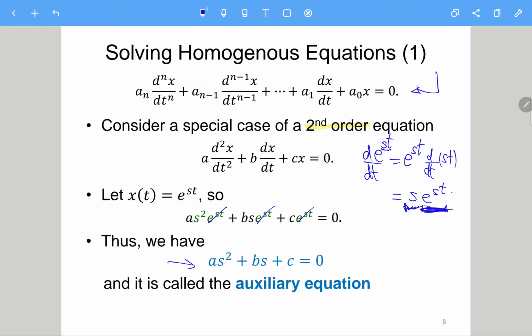So here we will have a second order algebraic equation, which is like ax squared plus bx plus c, but here we have s, actually the same. We will call it the auxiliary equation, or the characteristic equation.